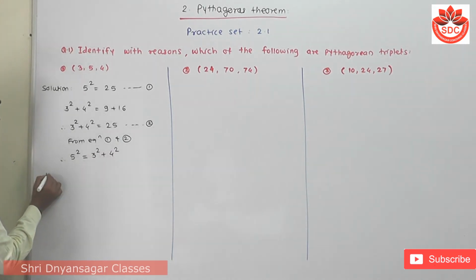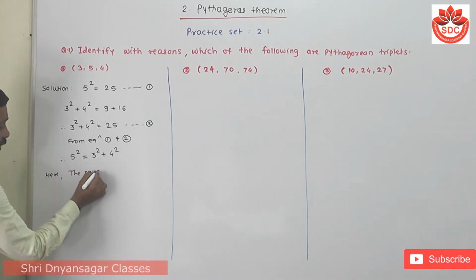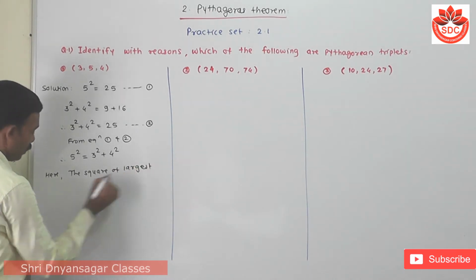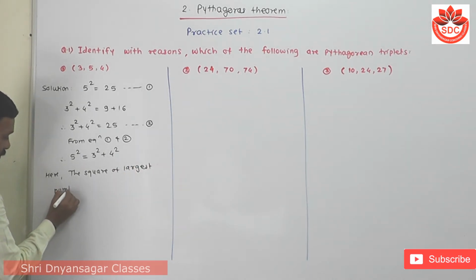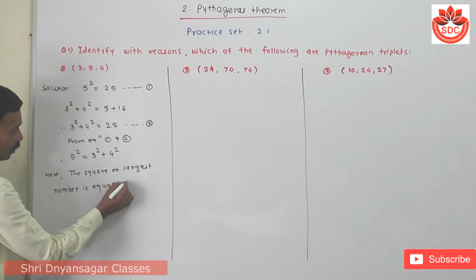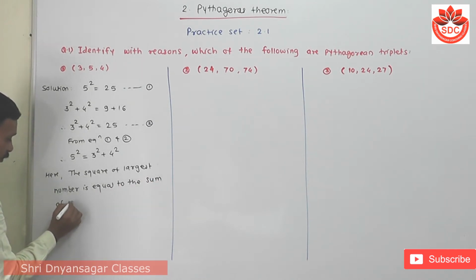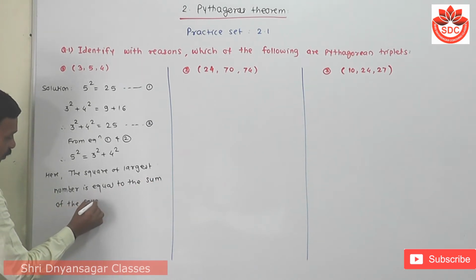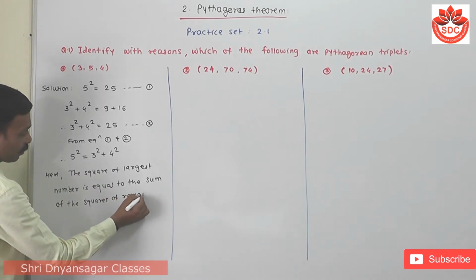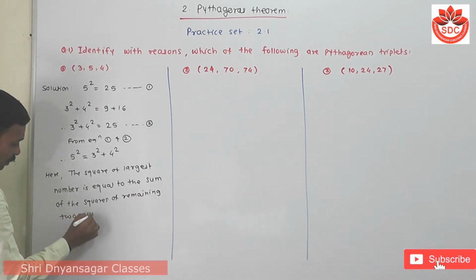Means the square of the largest number is equal to the sum of the squares of the remaining 2 numbers.